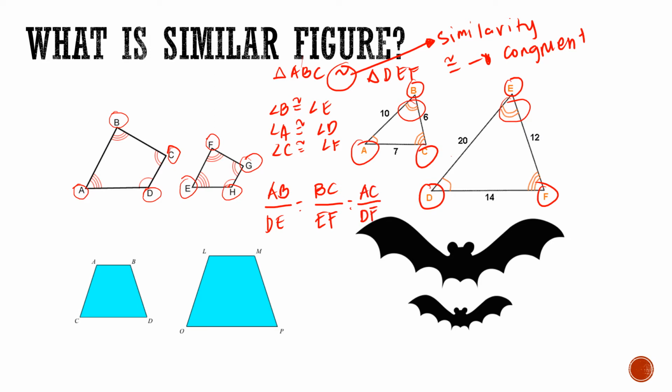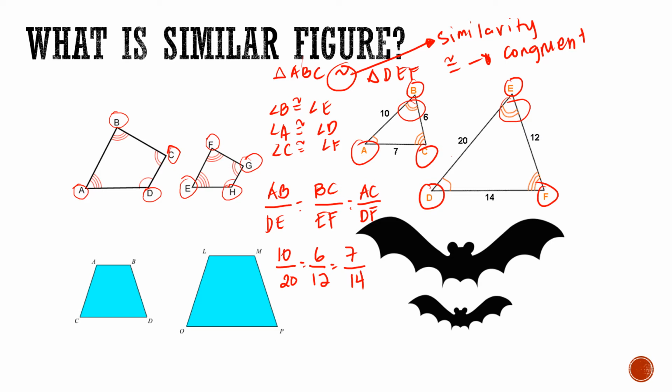Now let's substitute the given values. Side AB is 10 over side DE, which is 20, is equal to side BC, which is 6, over side EF, which is 12, is equal to side AC, which is 7, over side DF, which is 14.